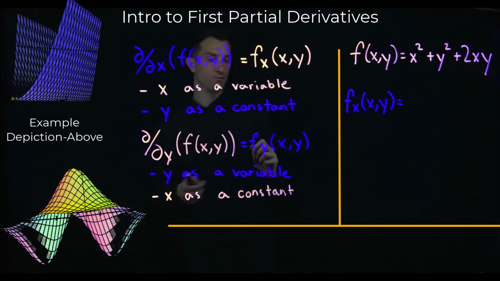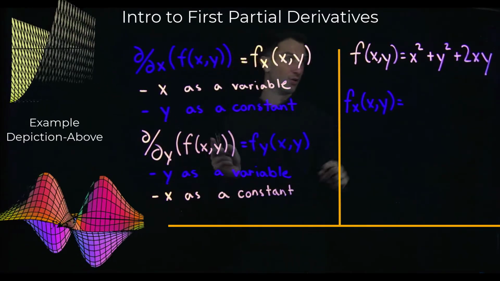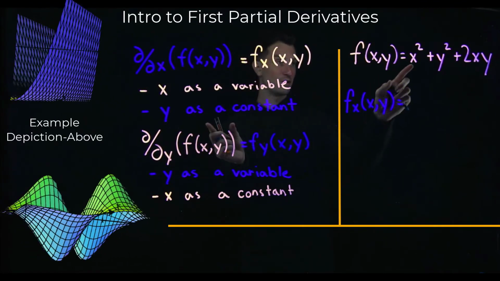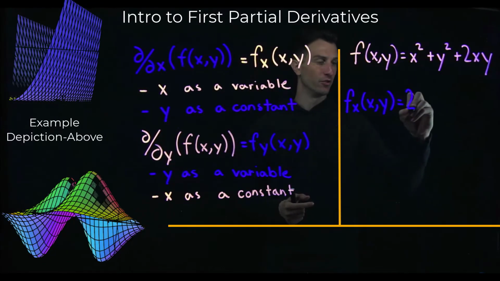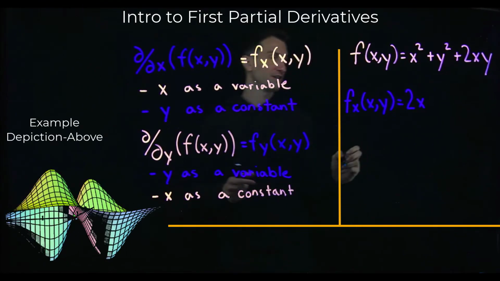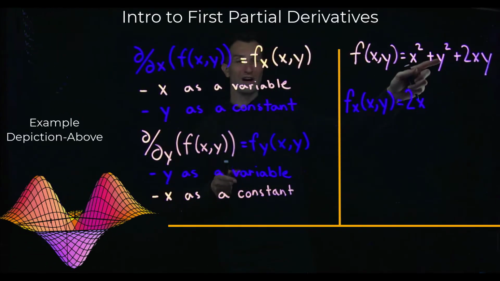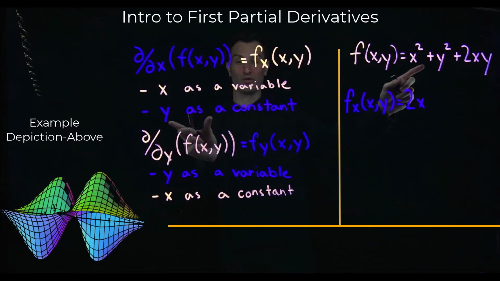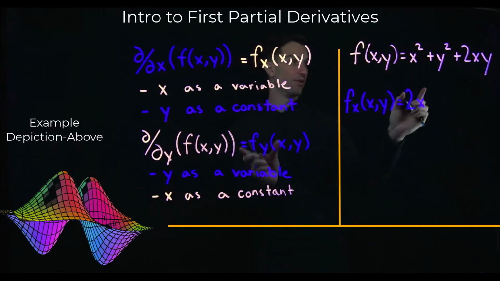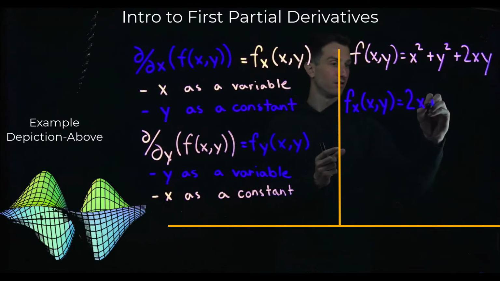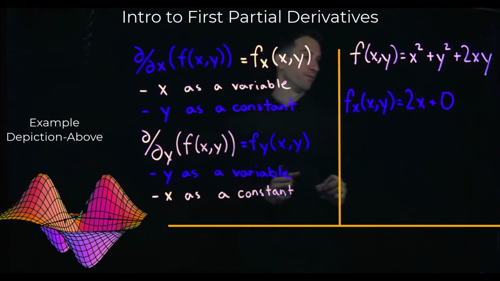Let's work through this and read as we go. The derivative with respect to x of x squared: we're treating x as a variable, so this is normal, 2x. First tricky part: the derivative of y squared with respect to x, treating y as a constant. Well, y squared is then a constant by itself, and the derivative of a constant is 0.